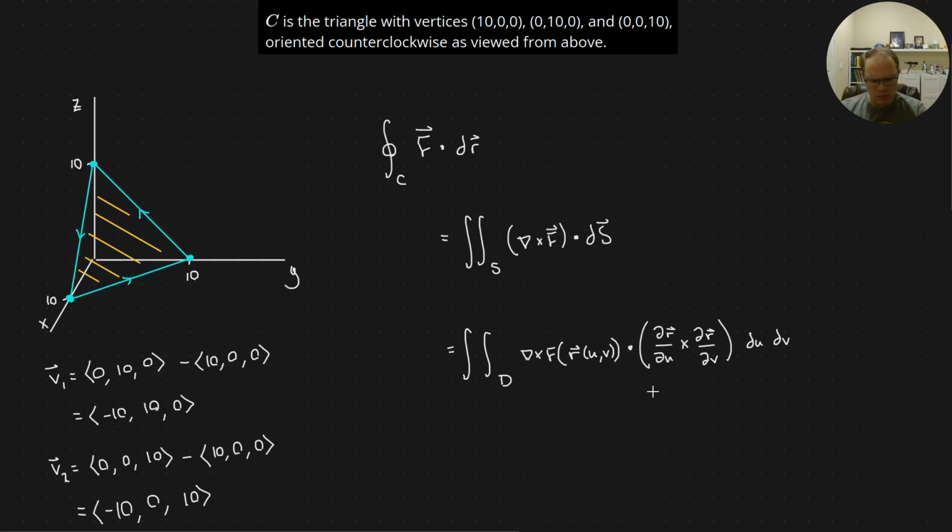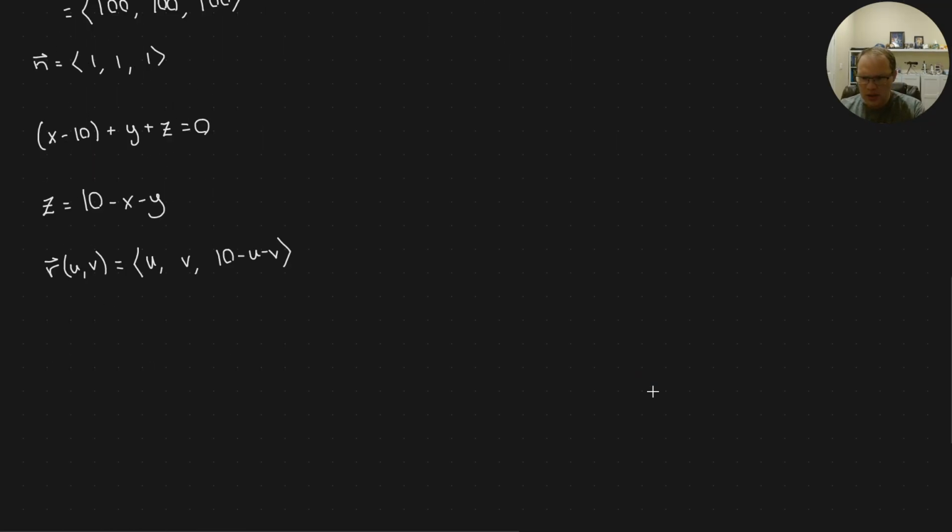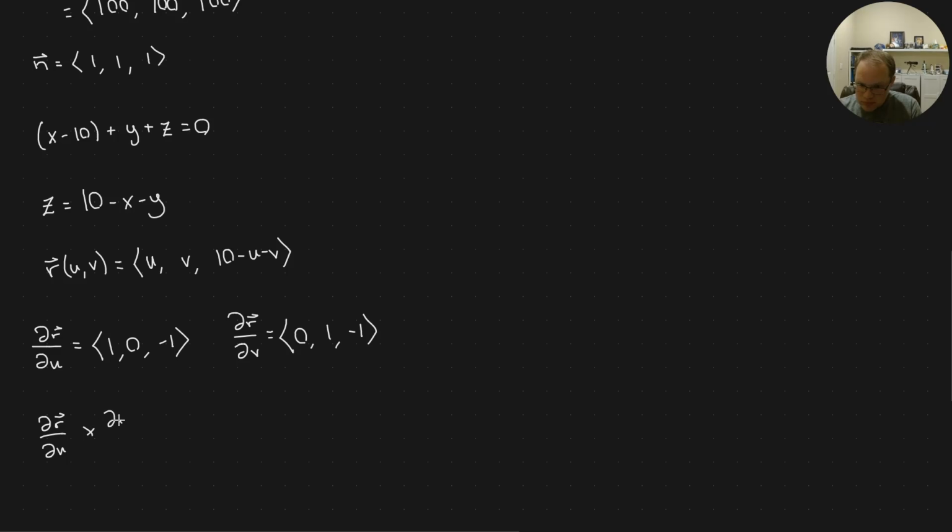Let's start with that. We've already found our parameterization. Let's take our partial derivatives. So I get what? 1, 0, -1. And the partial derivative of r with respect to v would be 0, 1, -1. Let's take the cross products. So I get 1, 0, -1, and 0, 1, -1.